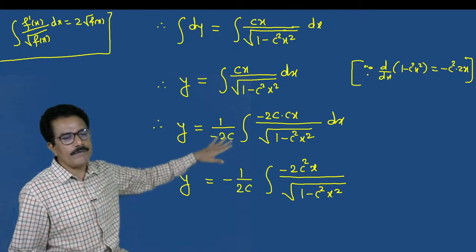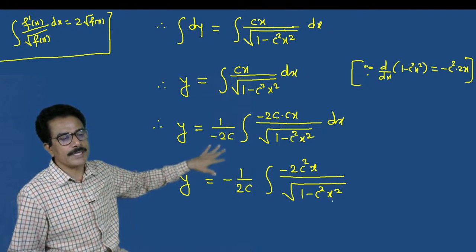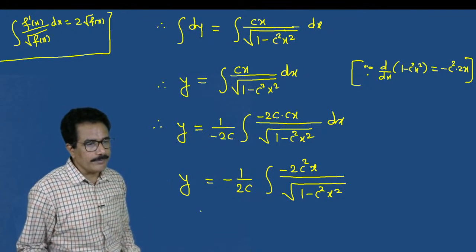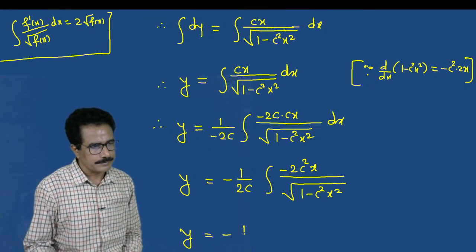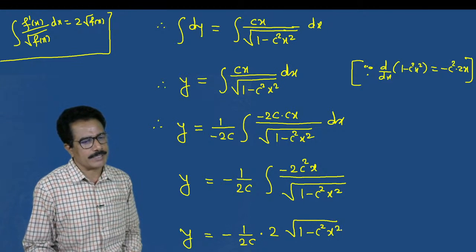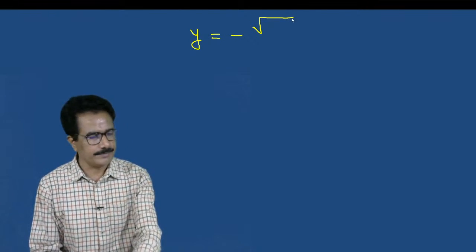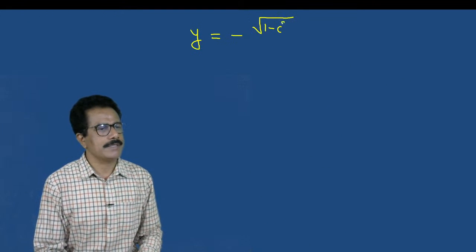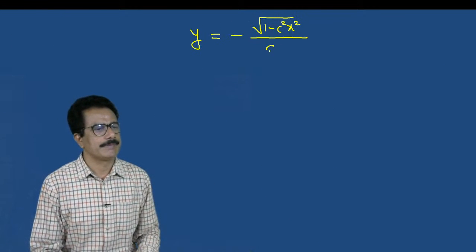So the derivative of the denominator's root term is in the numerator, then we can use that formula. So y is equals to minus 1 upon C into 2 root 1 minus C square x square. 2 cancels. Y is equals to minus root of 1 minus C square x square divided by C.